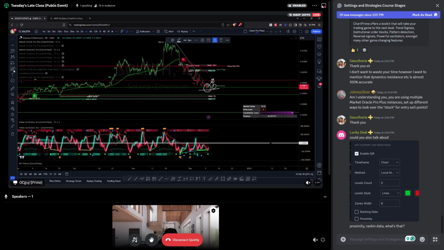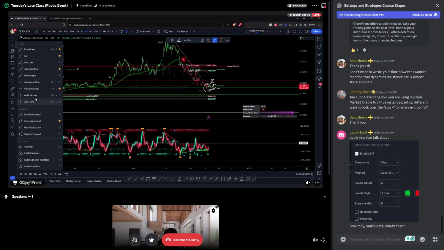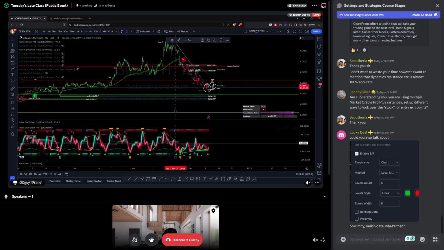Let me also show you something very interesting, and this never fails. What we're looking for are these kinds of movements where the oscillator either clusters above or clusters below. Does that make sense? Look at that.